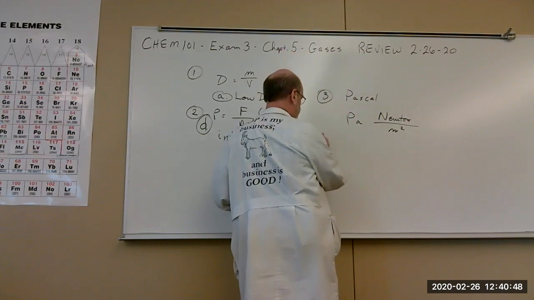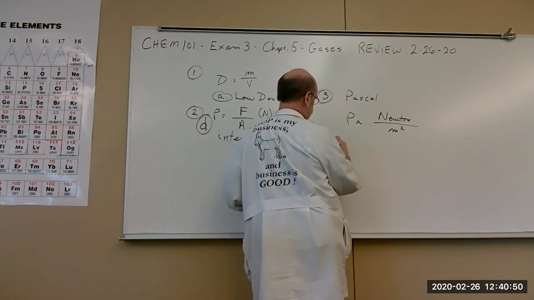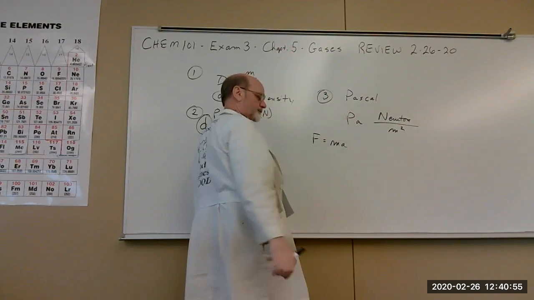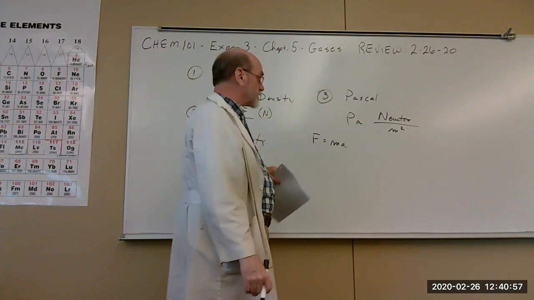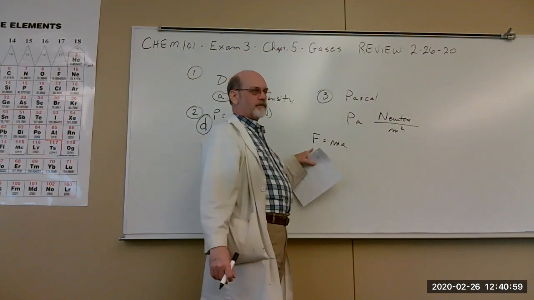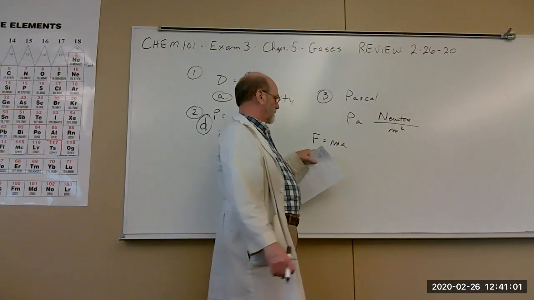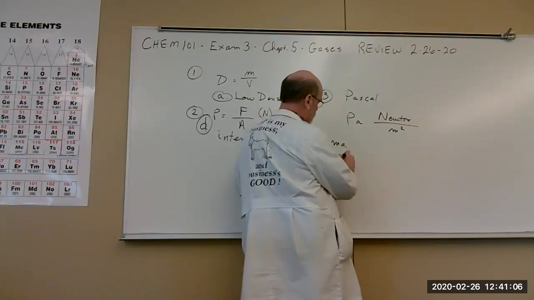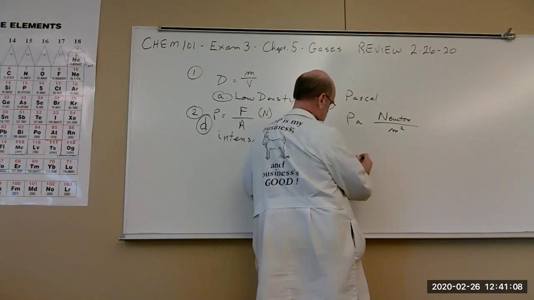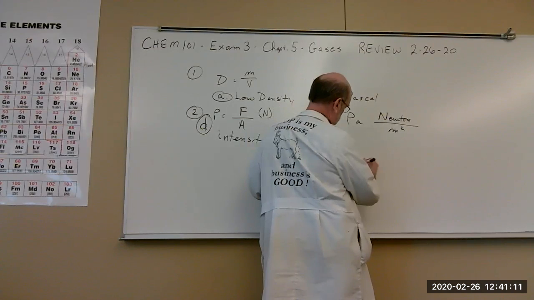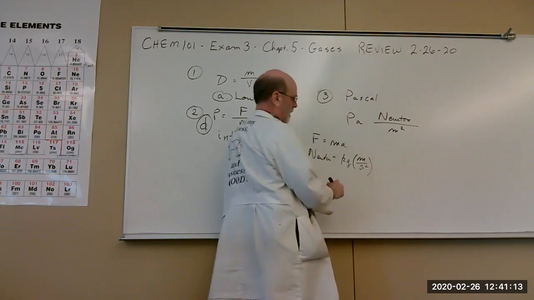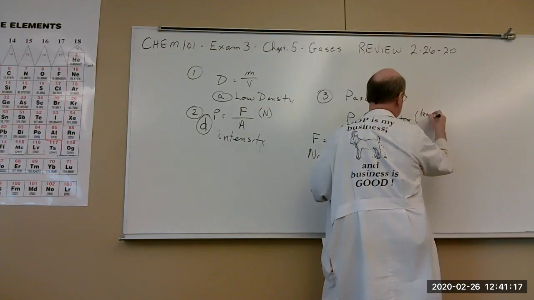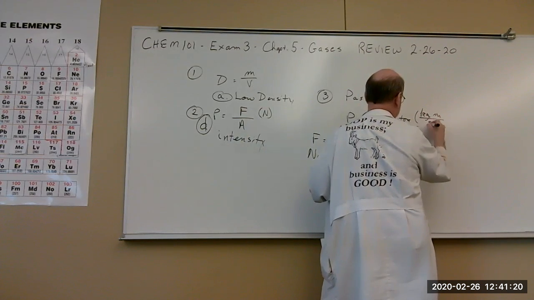And the Newton is related to Newton's second law of motion. So the force of a Newton is equal to kilograms times meters per second squared. So a Newton is equal to kilogram meters per second squared.